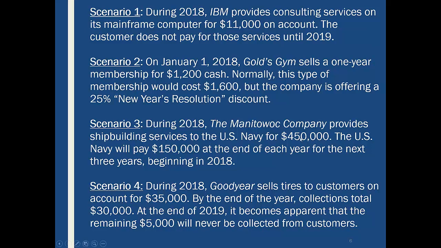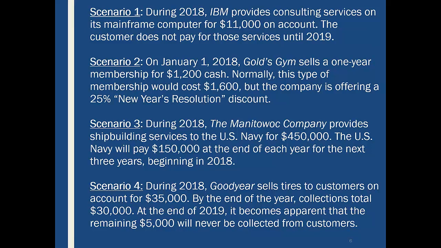Okay, then what about this other company, and they provide shipbuilding services to the Navy, and they'll be paid $150,000 at the end of each of the next 3 years beginning in 2018. So again, now we're going to match up when the revenue is earned, and then we'll make an entry for when the cash is paid, so we can recognize revenue before the cash is received.